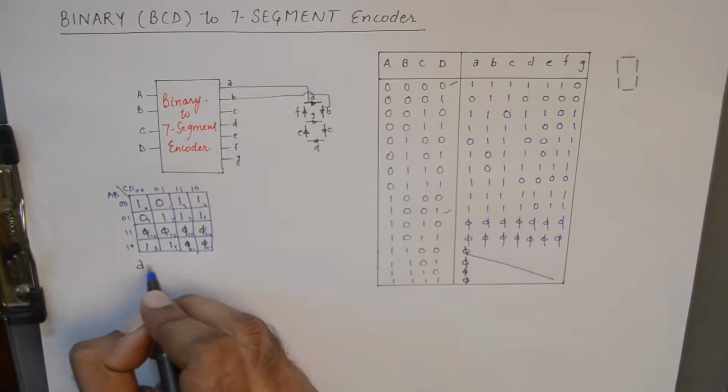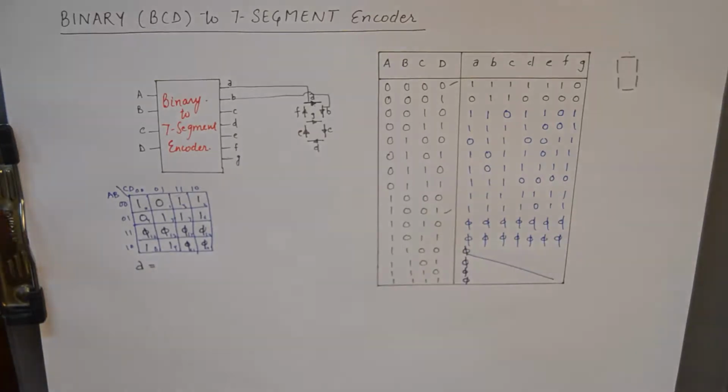So my small a becomes the reduction of this K map.